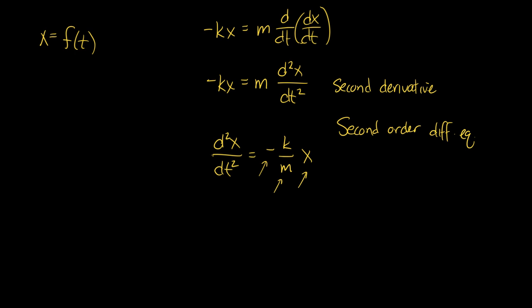Do you know a function that when you take its derivative will get you back the original function? Everybody in calculus does. E to the x. Well, in this case, e to the t, right? Because our functional variable here is t. So if I take the derivative of e to the t with respect to t, what do I get back?